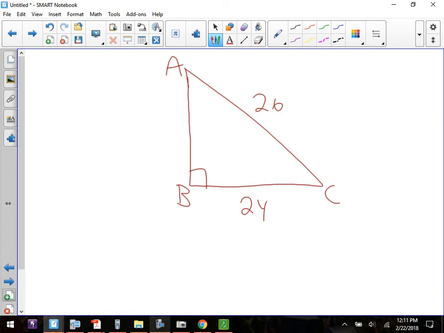This is a little bit different. It is 26. What do you think it is? Yes, it's too wide. What's different about this one versus the other two we just did?